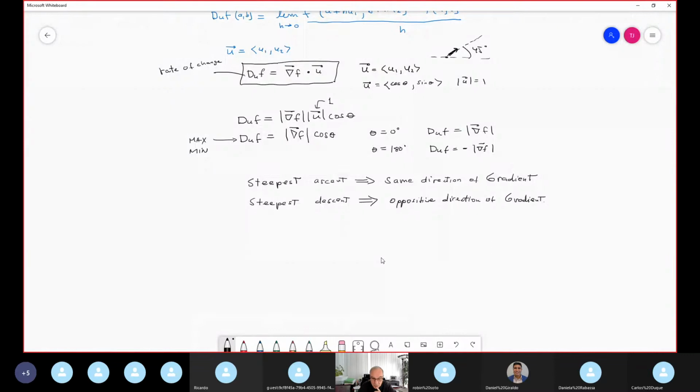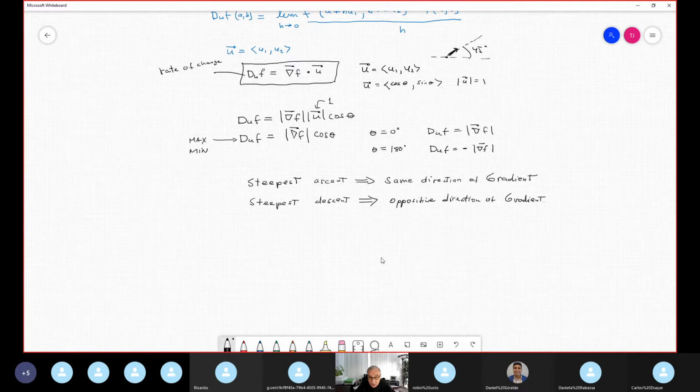Okay. Let me recall. This is important. When I teach this, I realize that the students understand but don't retain the information. Okay, the gradient is a vector. The arrow of this vector indicates the direction in which the function is increasing faster.